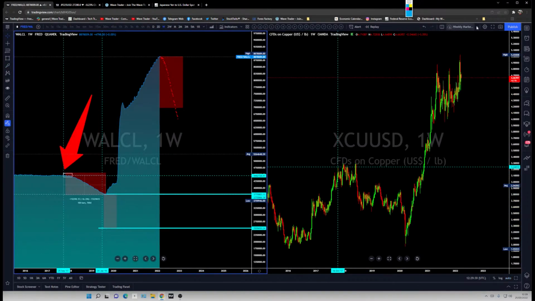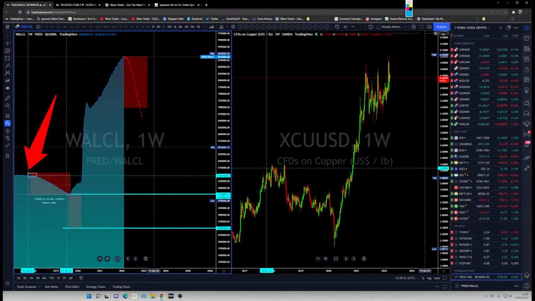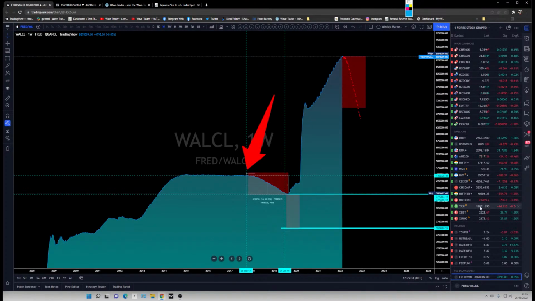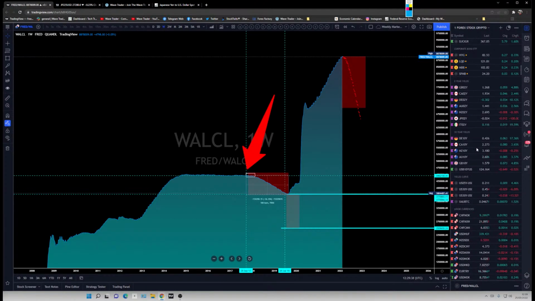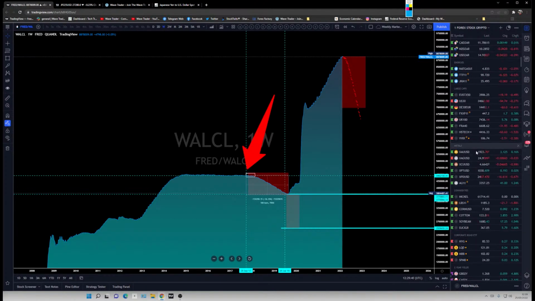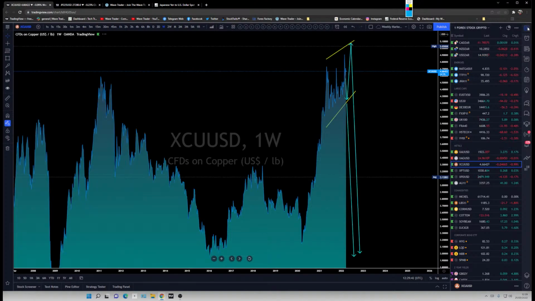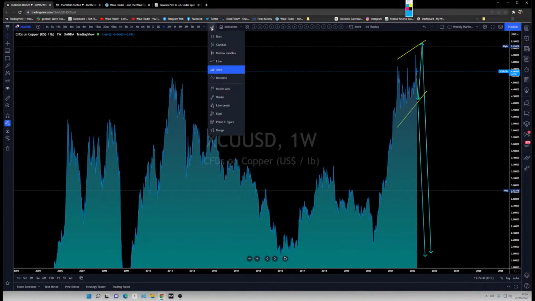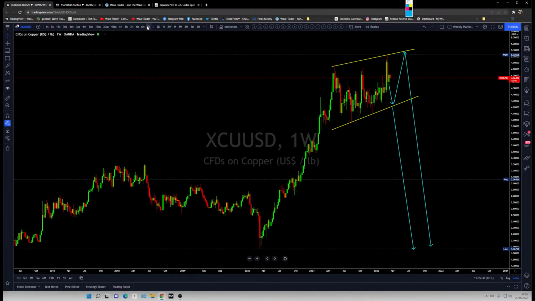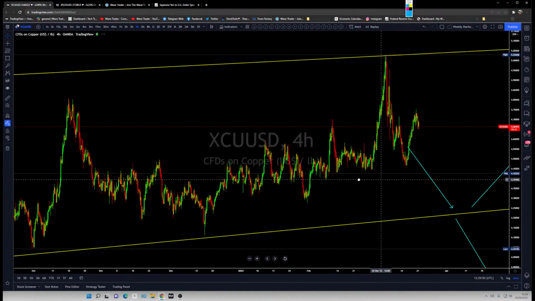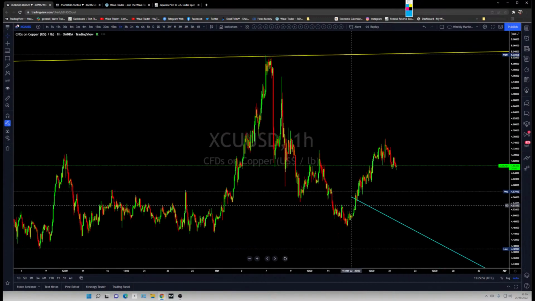The same goes for copper too. We may see copper fall very aggressively. If I look at the copper chart, copper is also trying to find its top over there. Again, trade with care.